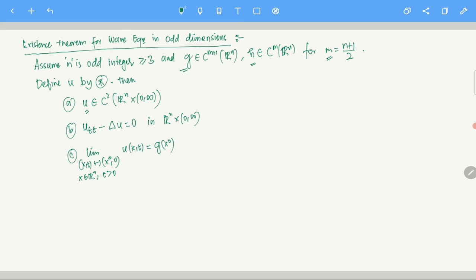Clear? So basically what I am saying is u is such that it satisfies the boundary condition. And the limit as (x,t) goes to (x naught, 0) of u_t(x,t) is h of x naught.